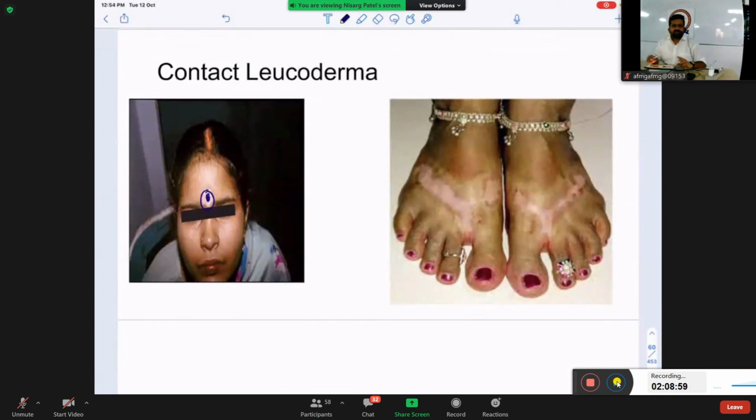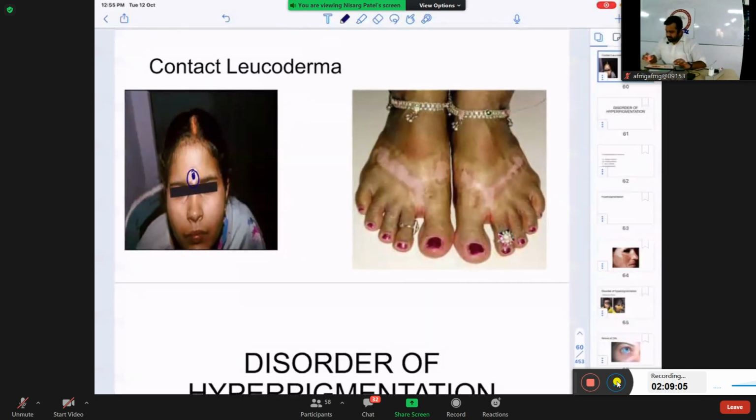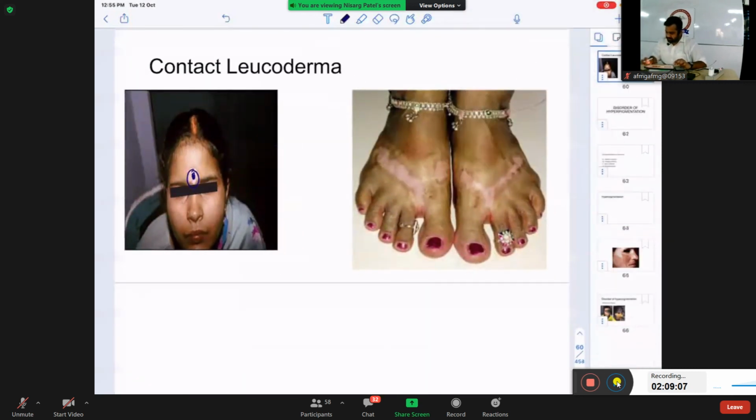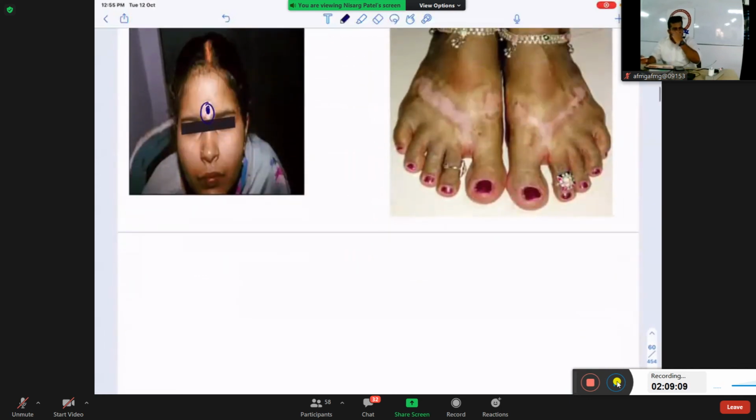No, not everyone. Only some people will get the allergy. Nowadays we try not to have this in our bindi. It was in the older days, when it was common.